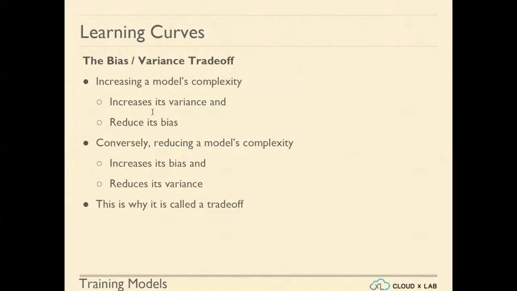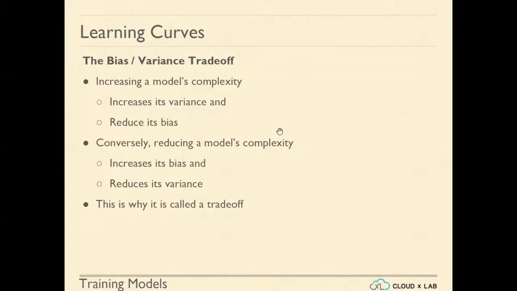If we want to reduce bias, what will we do? We will increase model complexity. But increasing model complexity increases variance, while at the same time reducing bias, right?